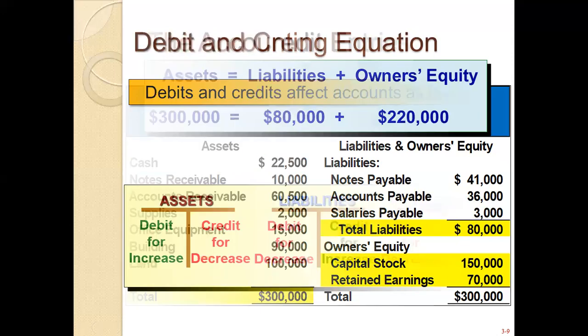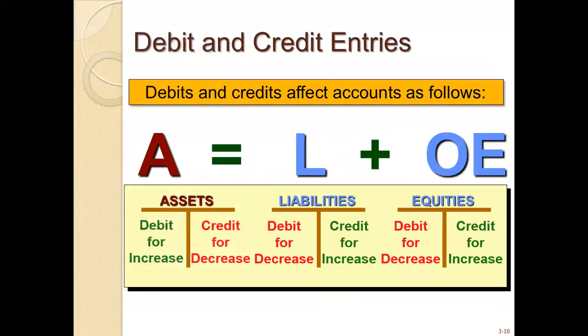In the next slide we discuss these rules: the debit and credit effect on assets, liabilities and owner's equity. By the default nature of accounts, assets are debit; asset has a debit side, and liability and owner's equity are credit. I am going to give you a tip to remember these accounts.